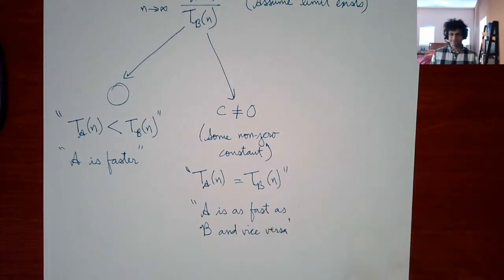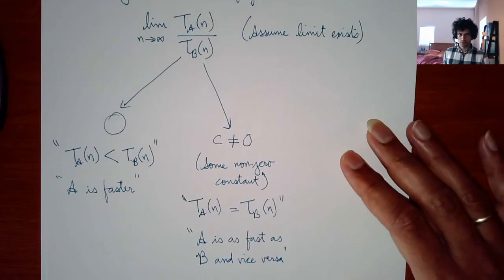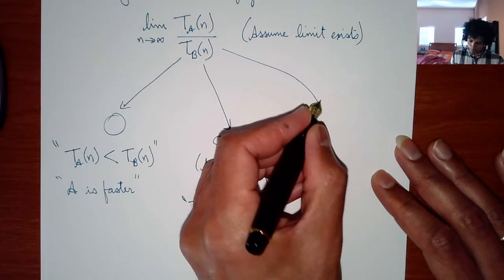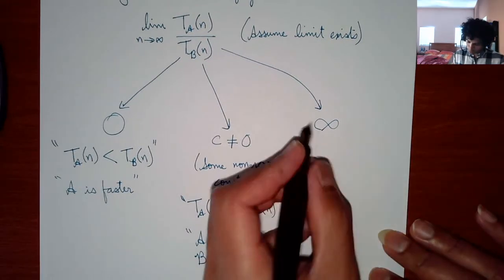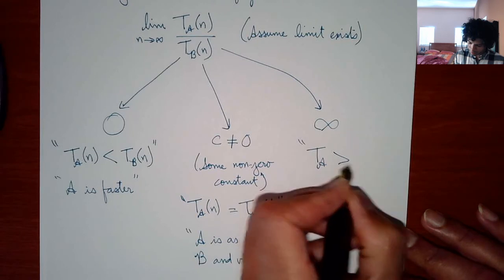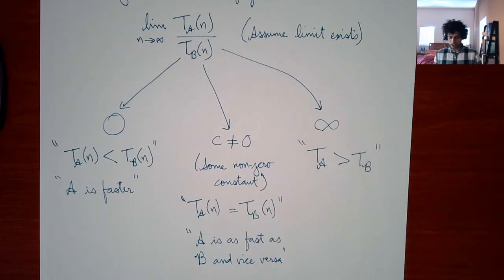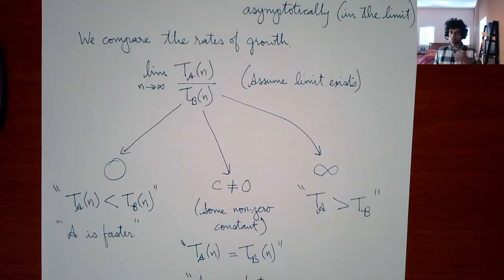We're saying basically they're the same, running time wise. The other possibility is that the limit is infinite, in which case we will interpret this as saying T_A is greater than T_B. We'll say that A is slower when the limit is infinite. Okay? So this is how we're going to think about comparing two different functions. Any questions?